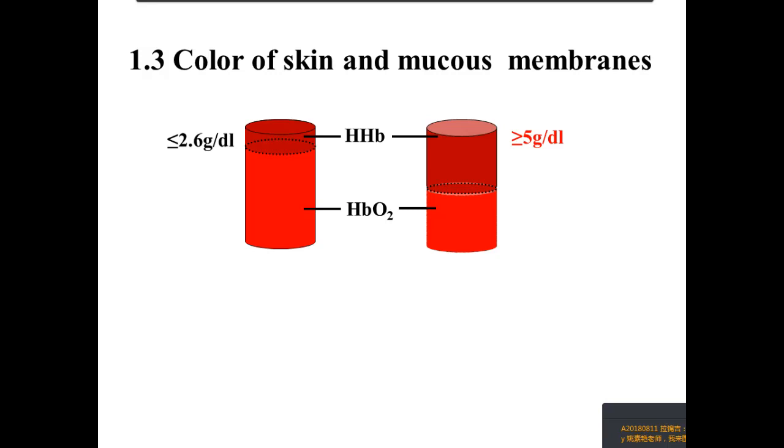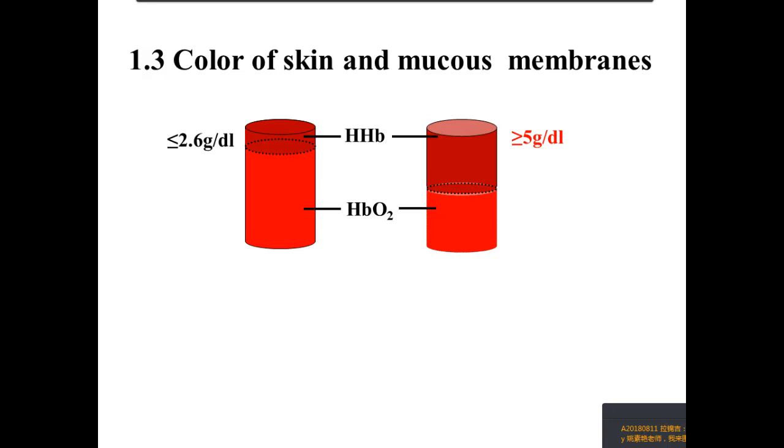In normal blood, oxyhemoglobin is more than deoxyhemoglobin because normal saturation is 97 percent. Normal deoxyhemoglobin is less than 2.6 gram in 100 milliliters blood.